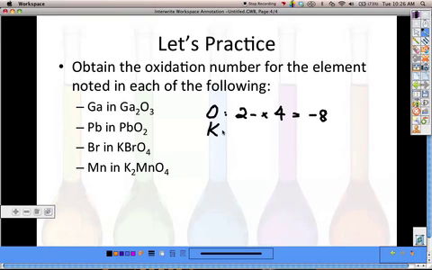Potassium is always going to be a 1 positive, and there are 2 of them, so we have a +2. The difference there is -6. There's just 1 manganese, and it must have a charge of +6. It's having 6 electrons pulled from it most of the time.